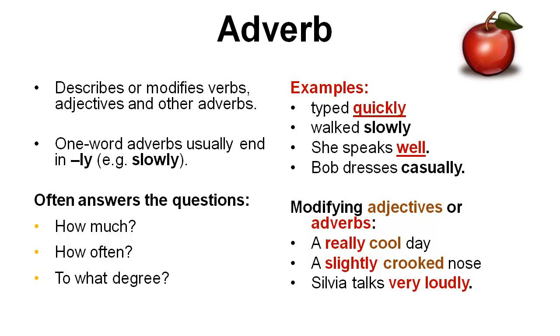Adverbs can also modify other adjectives or other adverbs, and here are some examples in which this happens. A really cool day. Really is the adverb. Cool is the adjective. A slightly crooked nose. Slightly is the adverb. Crooked is the adjective. Sylvia talks very loudly.